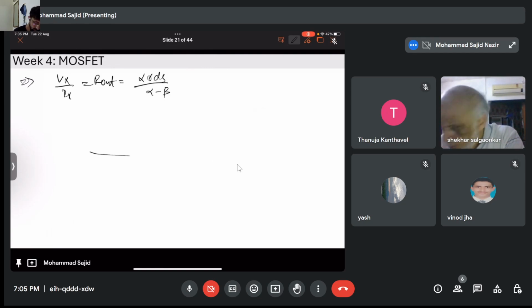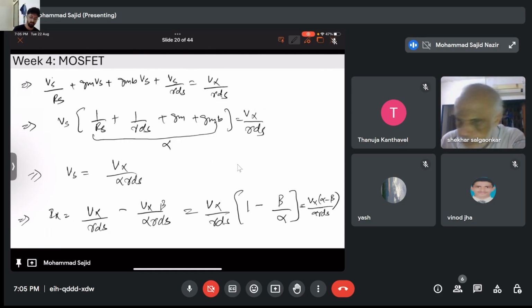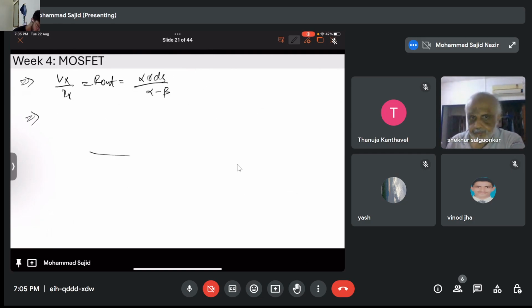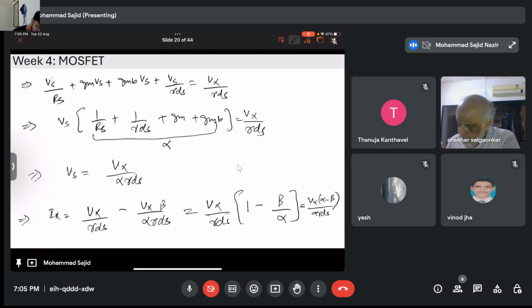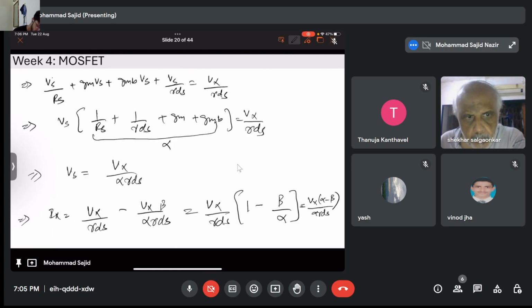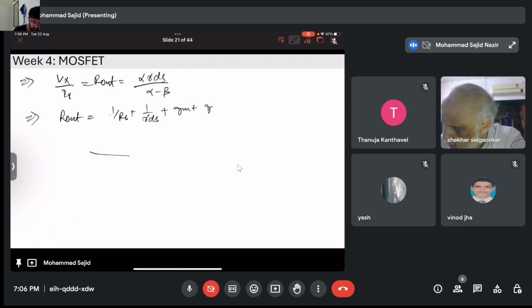Now we substitute the values. Substitute these alpha and beta. You know alpha now, you know beta now, and you will get R out. Alpha is 1 by Rs plus 1 by Rds plus Gm plus Gmb, times Rds, and alpha minus beta.